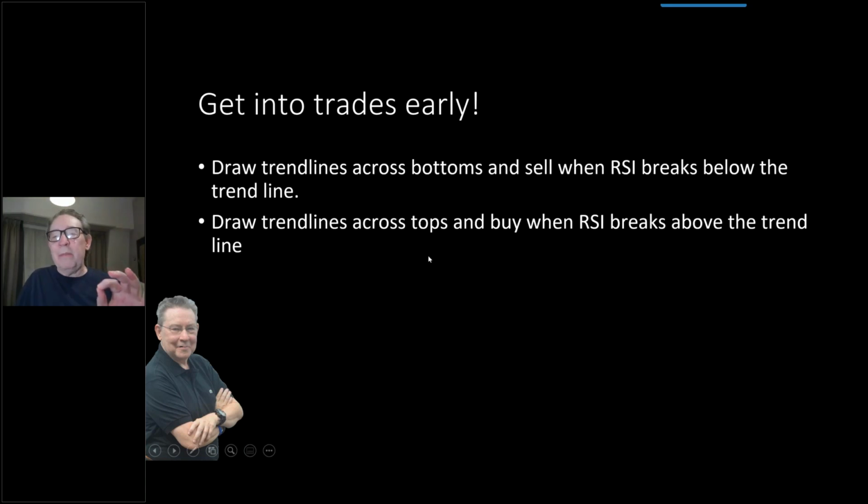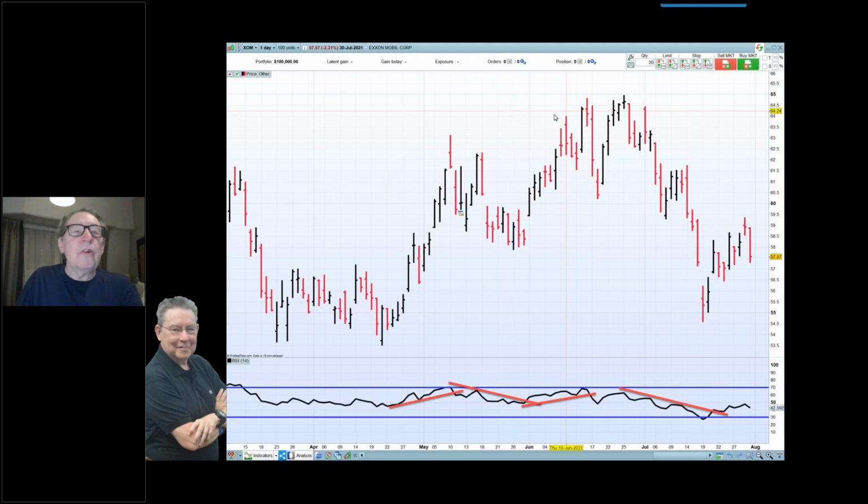Now, there's a couple of times when it breaks down, and hopefully in my examples we'll find one of those, but 90% of the time it works really good. So let's take a look, shall we? What are we looking at up here? We're looking at ExxonMobil. That's not a particularly great bull market at all, so it's a good example of what we want to be looking at. Here we have RSI.